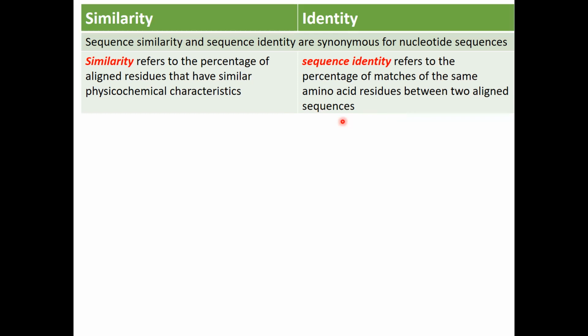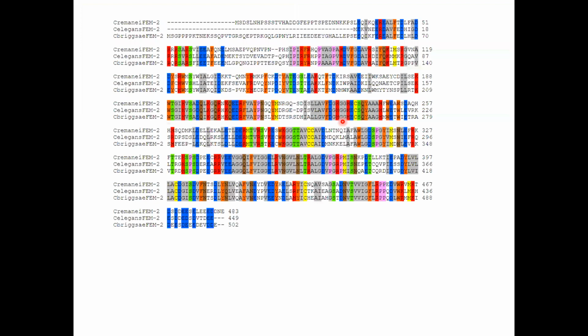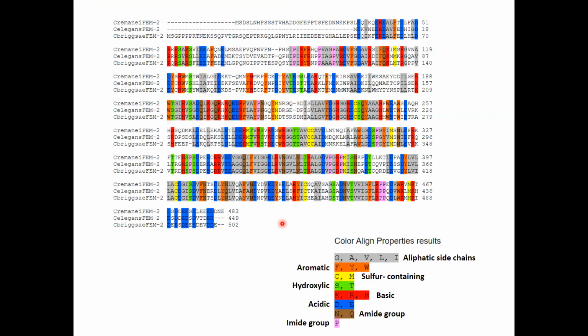So let's discuss it with the help of an example. Here is a diagram representing sequence alignment of three sequences. We can see there are some gaps, there are some mismatches, and then we can see there are some sequences which are highlighted with different colors. These different colors represent different groups of amino acids having similar physiochemical properties.